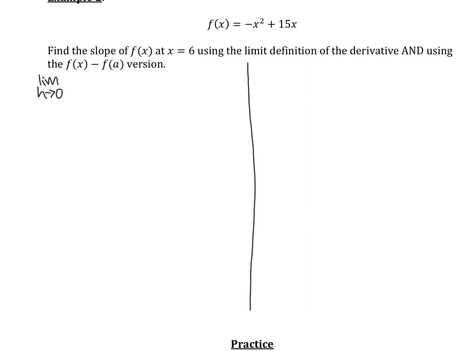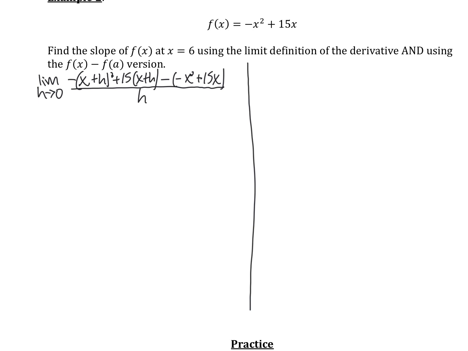So if we set that up, it's going to be the limit as h approaches 0 of negative x plus h squared plus 15 times x plus h, all minus negative x squared plus 15x, all over h.